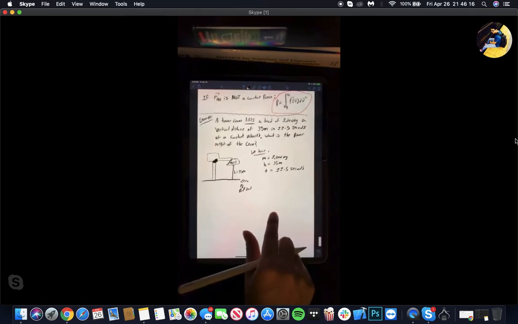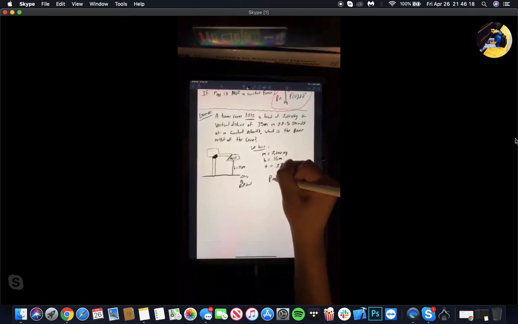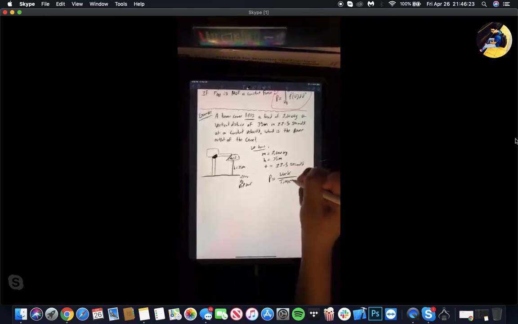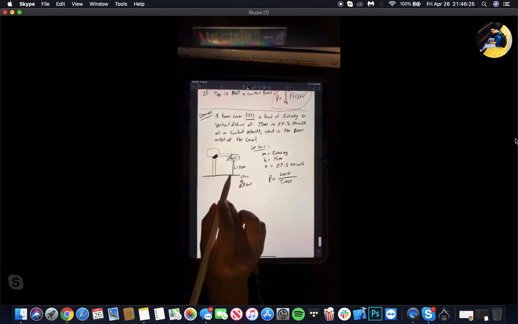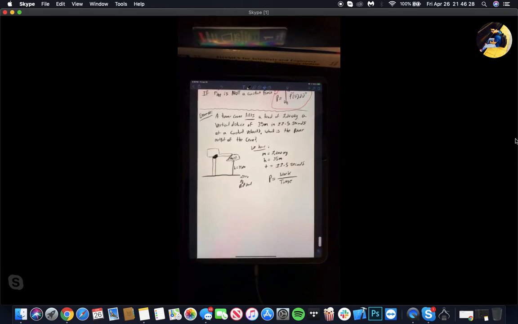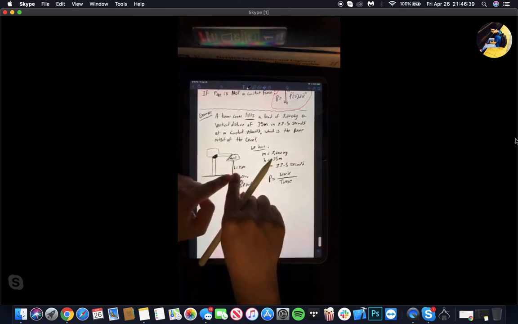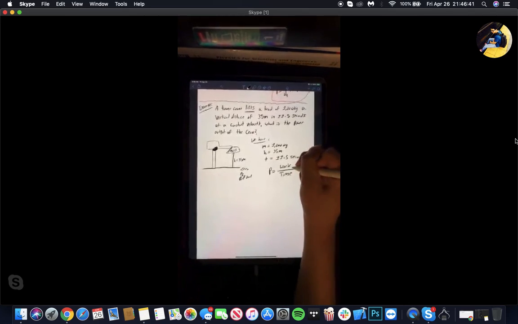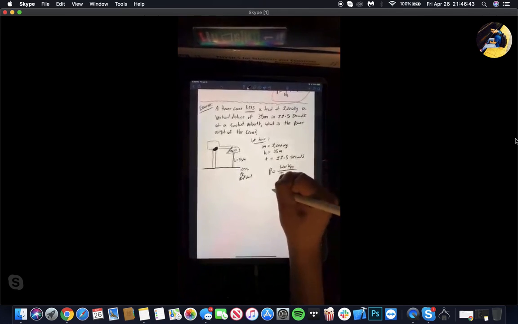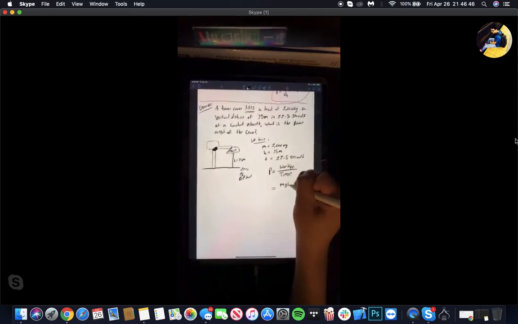Let's see, what does power equal? Power equals work over time. What kind of work is happening here? Remember, the work is potential energy. So it's the work of potential energy, which just equals mgh over time.